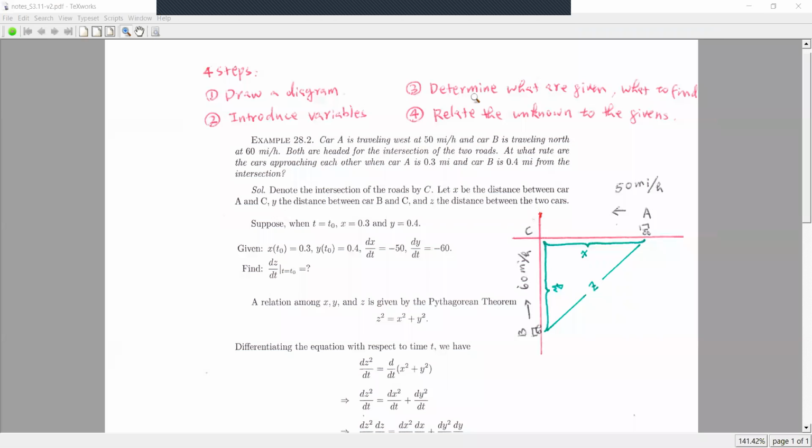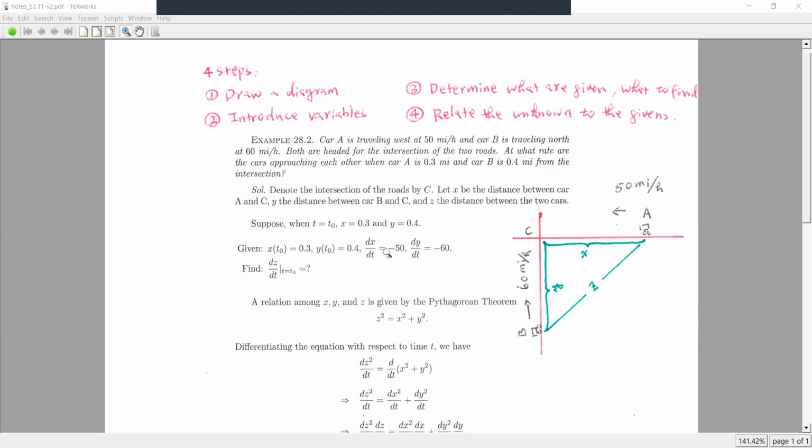Step 3. Determine what is given and what to find. When time is t0, x is 0.3, y is 0.4. Car A is traveling at the speed of 50 miles per hour. This is the rate of change of the distance x. So the derivative of x with respect to the time t is negative 50.